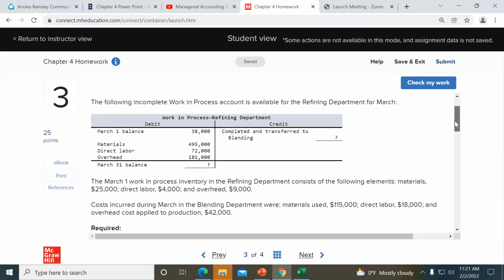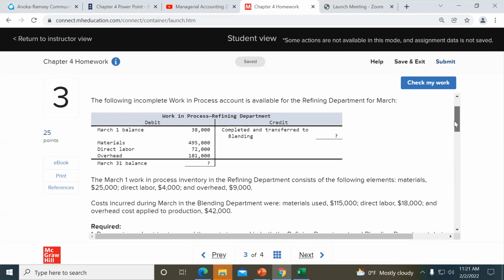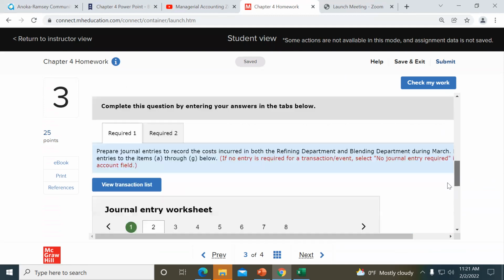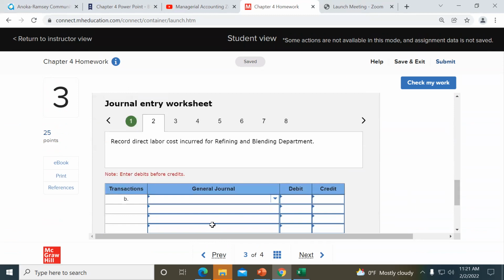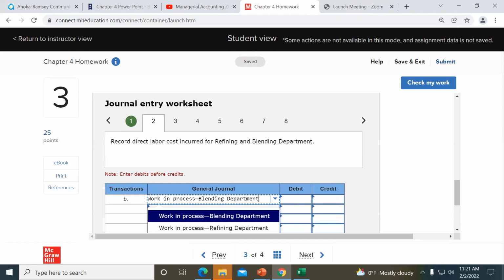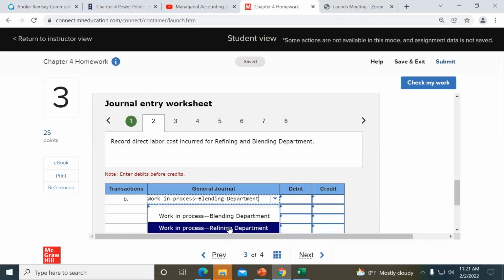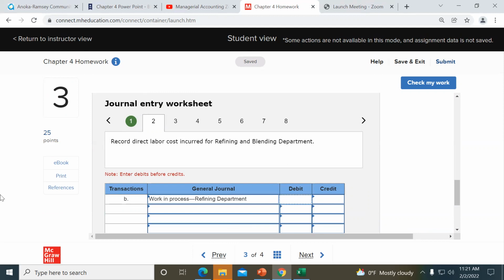Well, direct labor, 72,000 is refining, blending is 4,000, right? So work in process for the refining department is 72,000. For the blending department, it's 4,000.